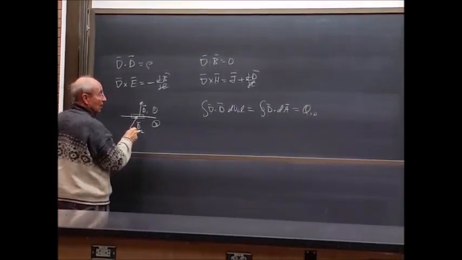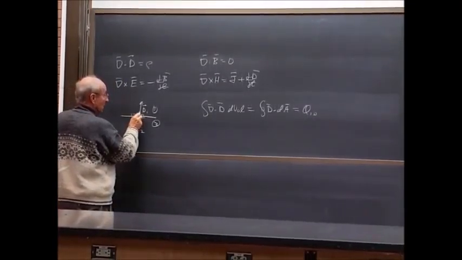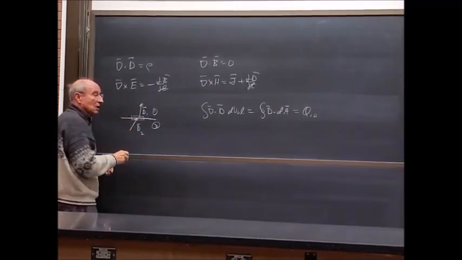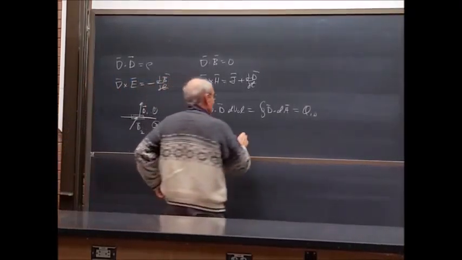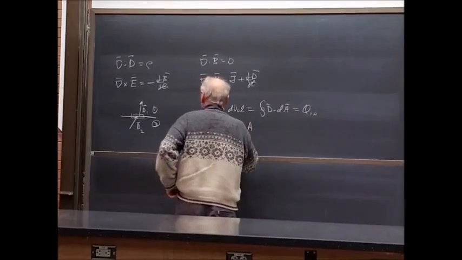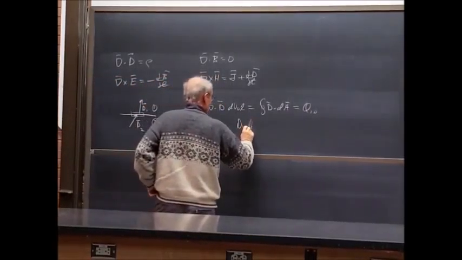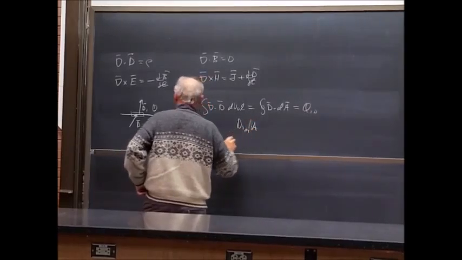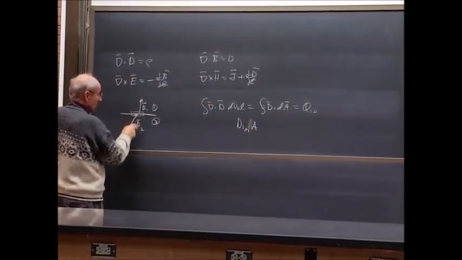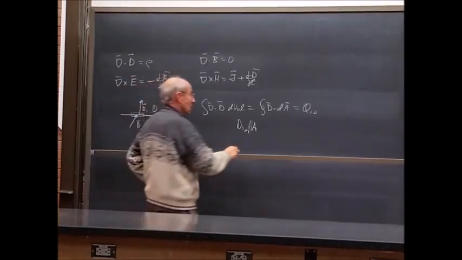Okay. Now, the integral over the surface, on this side, D1 and A point in the same direction. So you have D1 times A, only we need the normal component, D1 normal times A. Here, they're going in instead of out.